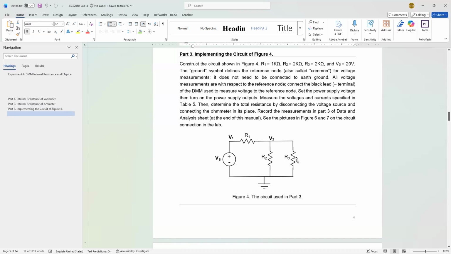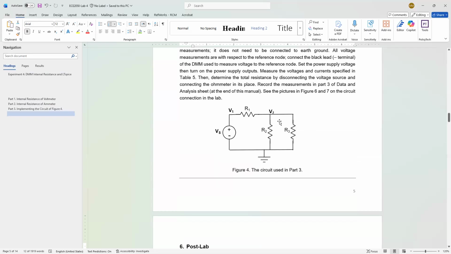You are going to do the calculation, and you are also going to simulate it, so you will get simulated results. Also, you need to implement this circuit and measure V1, V2, and the currents as well. Then I will ask you: now you have calculated results, simulated results, and measured results. Is that okay?